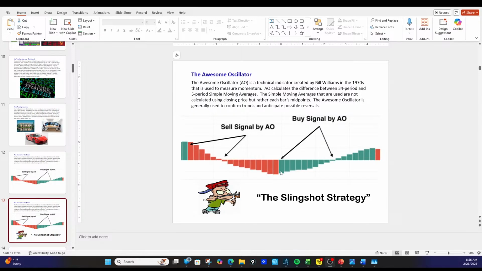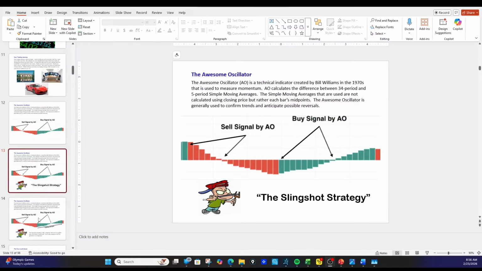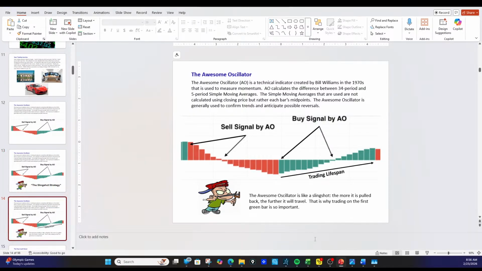The further back it can go, the further the object is going to be thrown. So that's a way to think of that. The awesome oscillator is like a slingshot. The more it is pulled back, the further it will travel. That is why trading on the first green bar is so important.